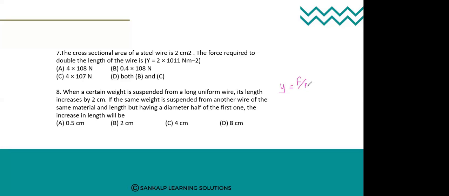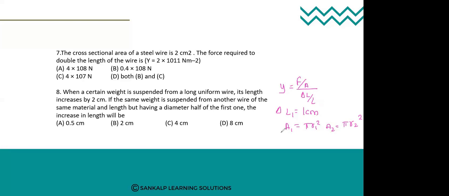So Young's modulus is equal to stress by strain. Here the delta L1 value is given as 1 centimeter, and A1 will be pi R1 square, and A2 will be pi R2 square.